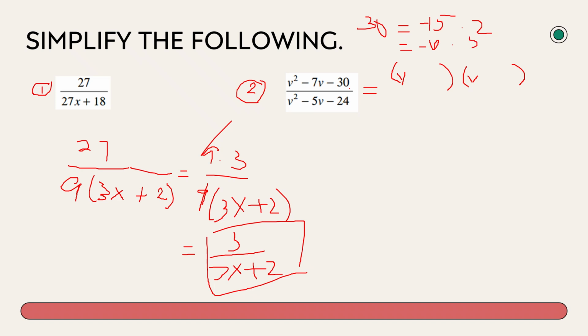That's 30 or negative 30. But remember our middle is 7. So what shall we do now? Because if we're going to subtract 15 and 2, that's 17, not 7. If we're going to subtract negative 6 and 5, that's negative 1, not 7.